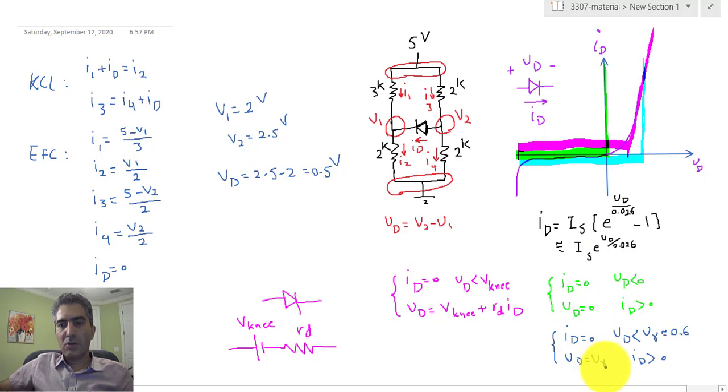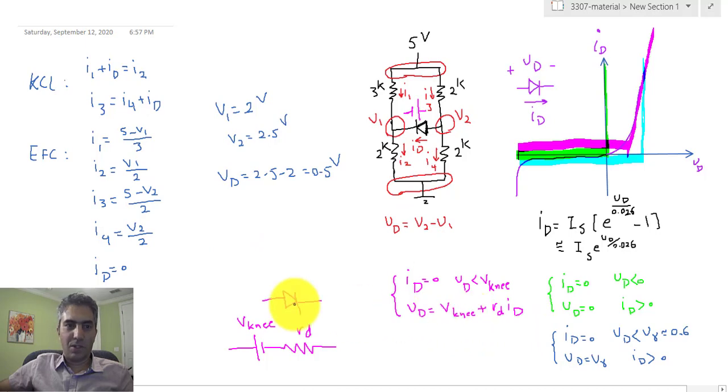For VD equal to V gamma, you're replacing it with a power supply like this, or battery like this, with the voltage equal to V gamma, or 0.6 volts. And then finally with this one, you're turning it into a power supply and a resistor in series.